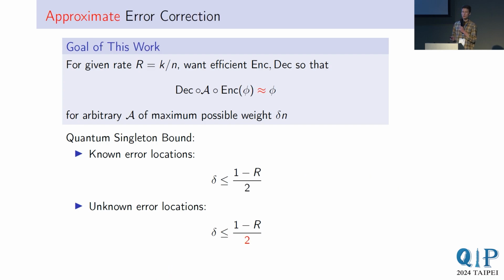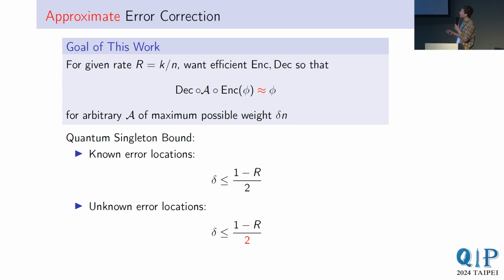It turns out that we can do this if we relax from exact error correction to approximate error correction. The only thing that changes here is that now we only need to approximately recover the original message. And as you heard in the last talk, this approximation doesn't have to be bad. It can be an exponentially small loss, exponentially close in fidelity or trace distance or really whatever metric you want.